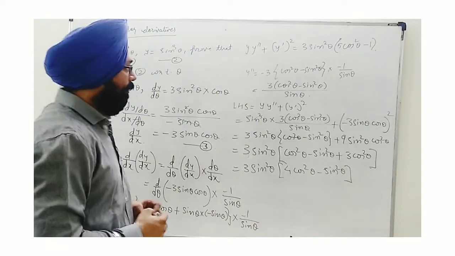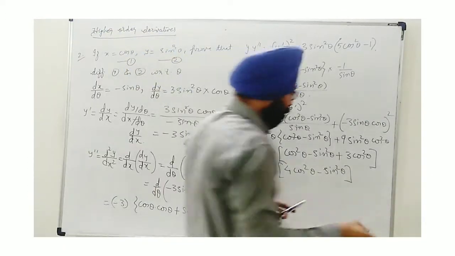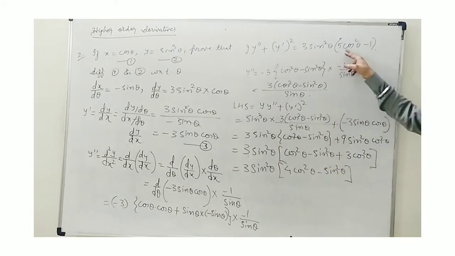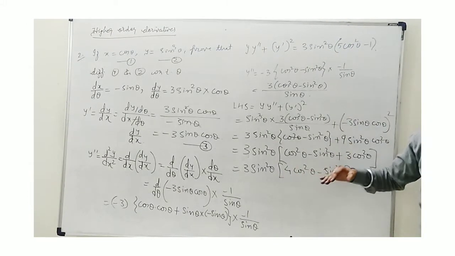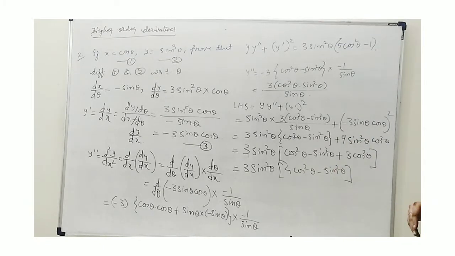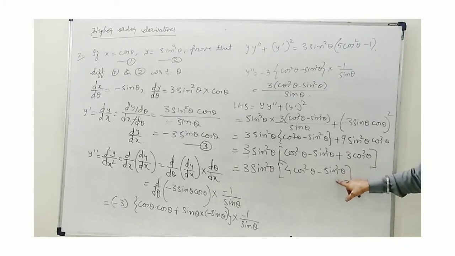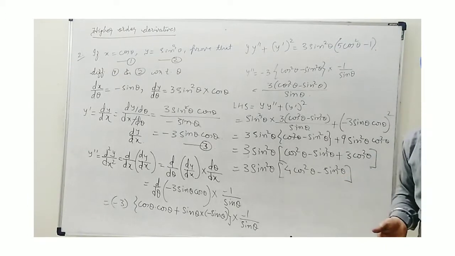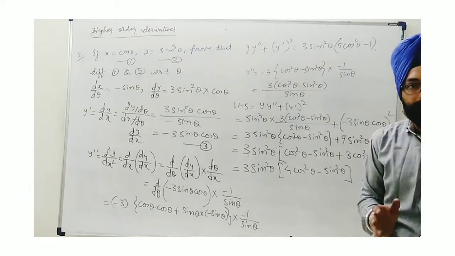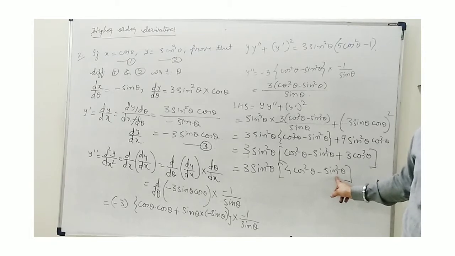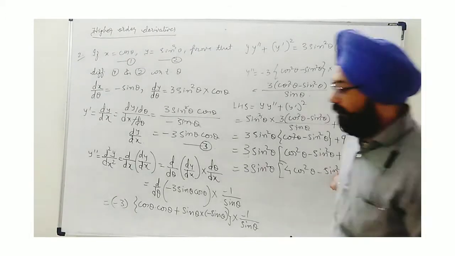Still, we are close to the answer, we are close to the destination. 5 sin square theta we have worked, cos square theta, it is here, it's 5 cos square theta. So now this is a comparison, okay, we should do. Here by comparison I see we need in the bracket only cos square theta, but we are having extra sin square theta. Then it is obvious that sin square theta should be converted in terms of the required function, means cos square theta. We know that by identity sin square theta can be written as 1 minus cos square theta.